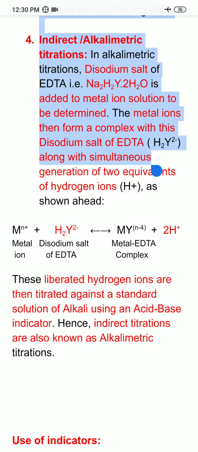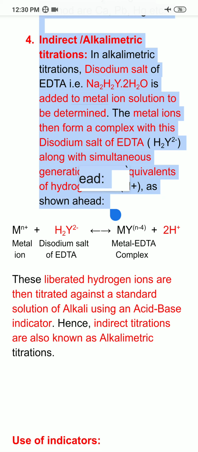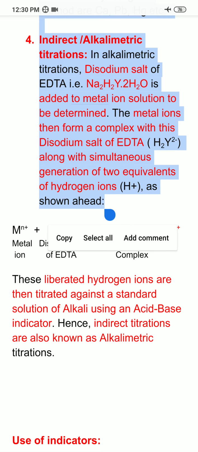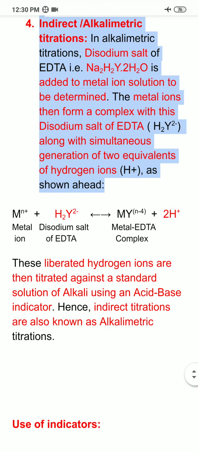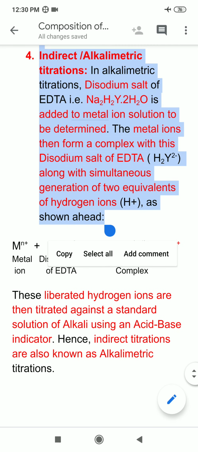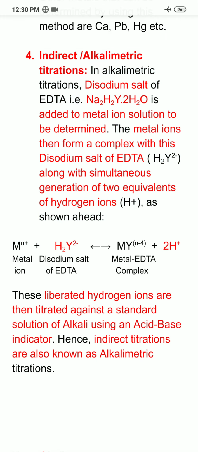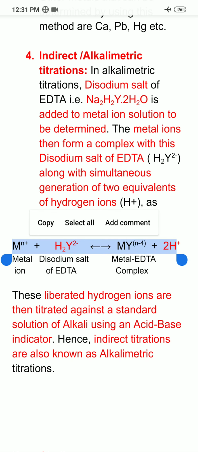So I can say that when metal ion solution is added to disodium salt of EDTA, it will react with the disodium salt as shown in this equation. So you can see in this equation a metal cation represented by M^n+, that is, a metal ion having n positive charge, is treated with disodium salt of EDTA represented by H2Y2-.